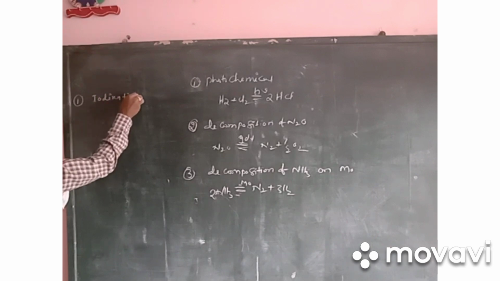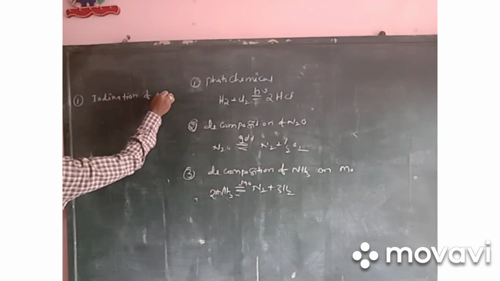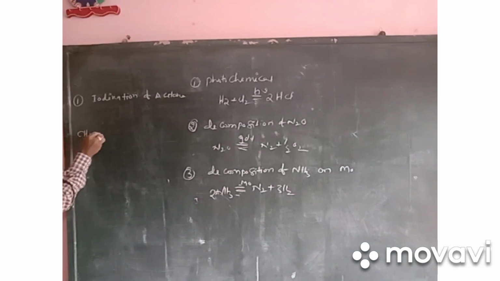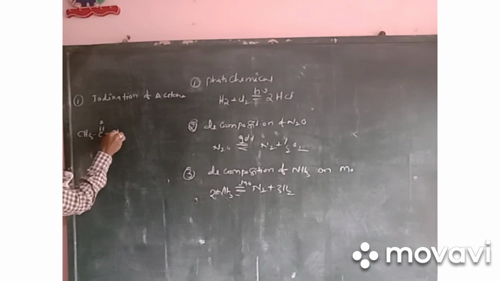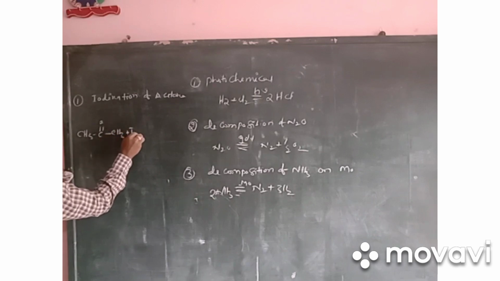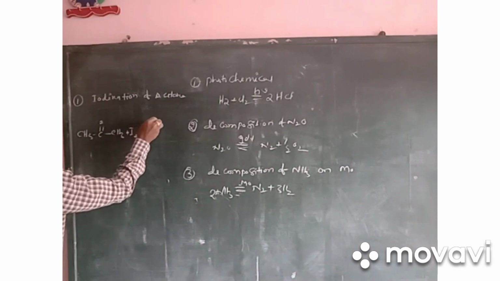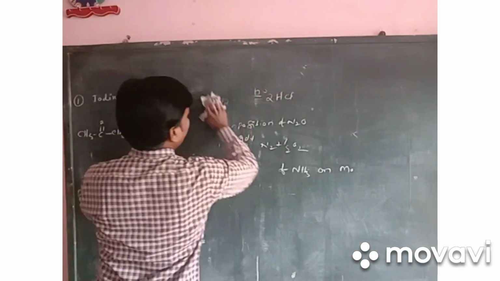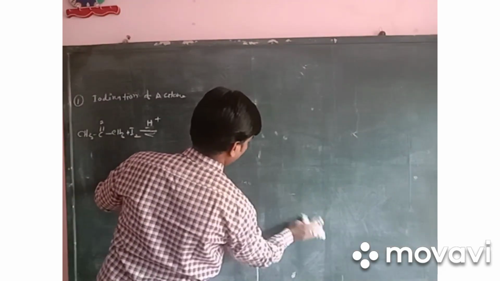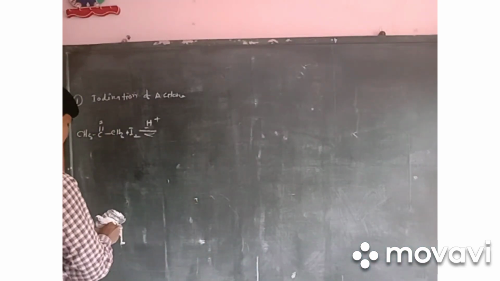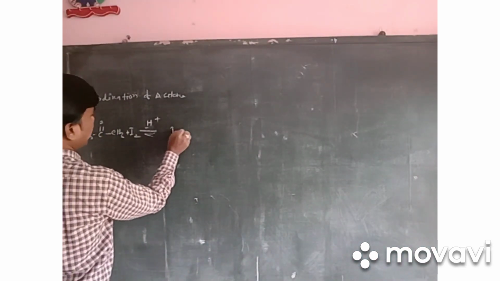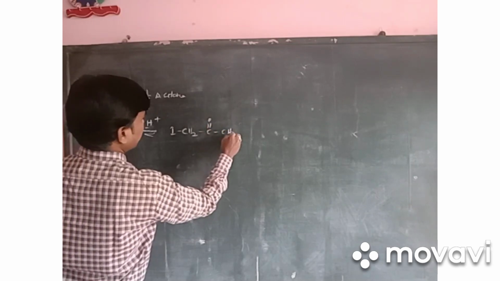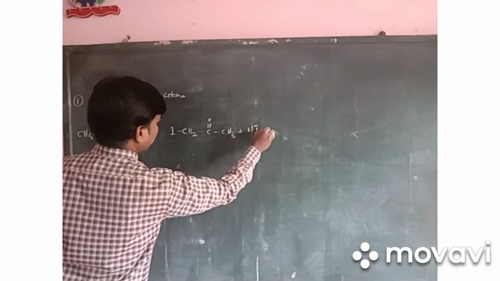So that's CH3 C double bond O CH3 plus I2 in presence of H plus, it will give ICH2 C double bond O CH3 plus HI.